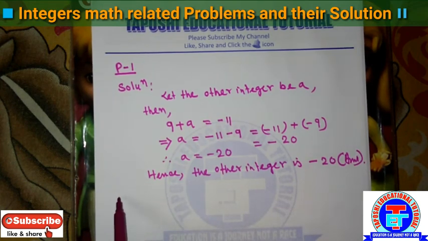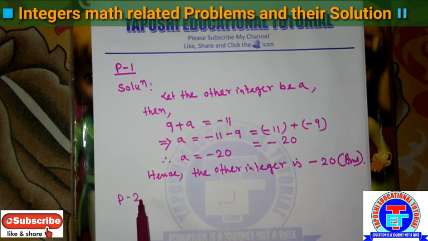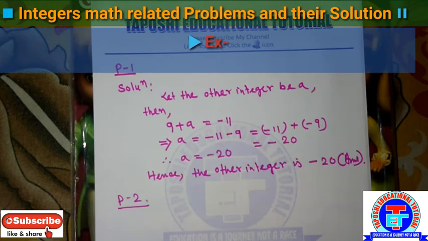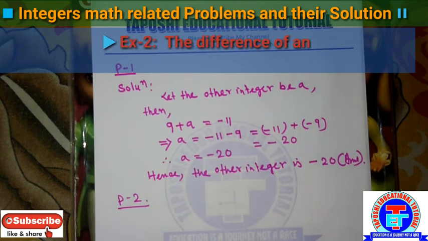Now problem number 2. Problem number 2 is given here. The difference of an integer a and minus 5 is minus 3. Find the value of a.